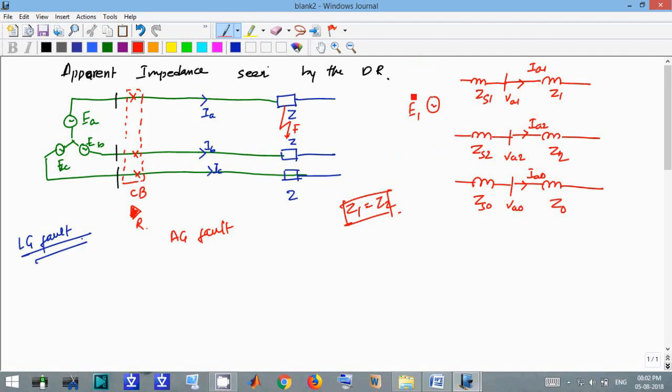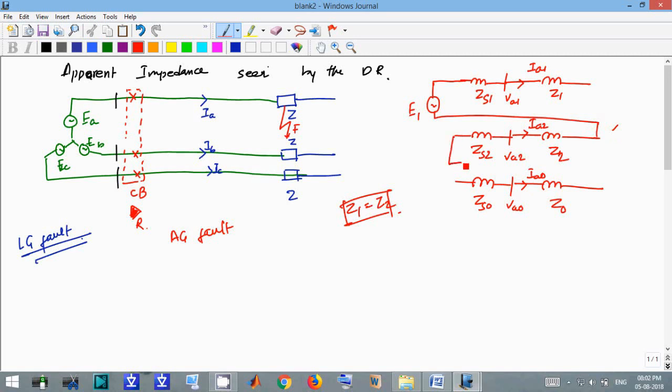So in case of AG fault, we need to connect this. The positive sequence generated EMF is connected to the positive sequence component. Then it will connect like that.